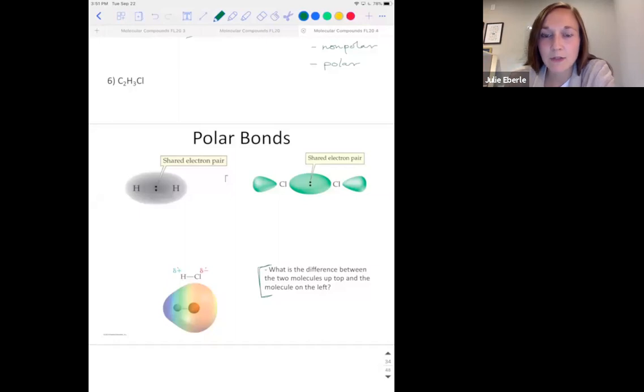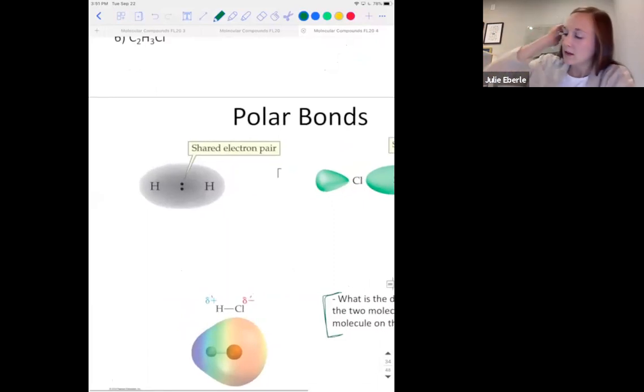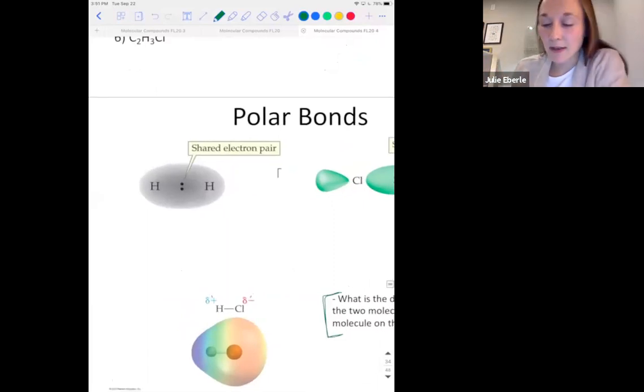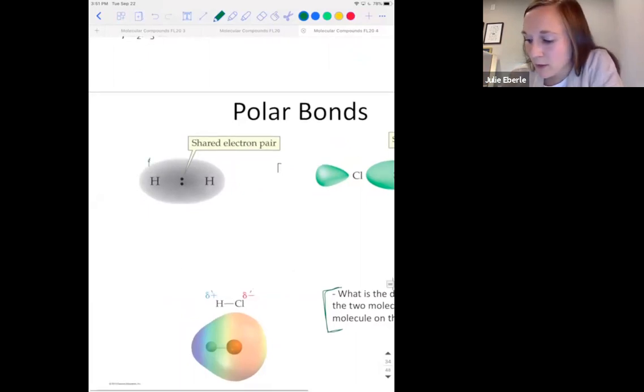So the way I like to explain polar bonds is with a tug-of-war analogy. We know that every element has a nucleus. So if we have two identical atoms, the same element in a bond, then what do we know? We know that's two identical nuclei, one on each side of this bond. So if we're talking about hydrogen, we have one proton over here and one proton over here in the nucleus of these hydrogen atoms.